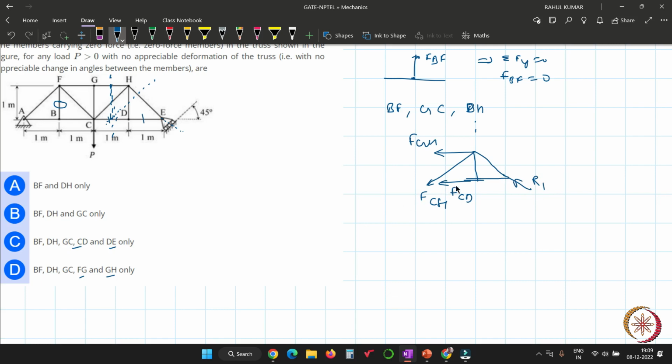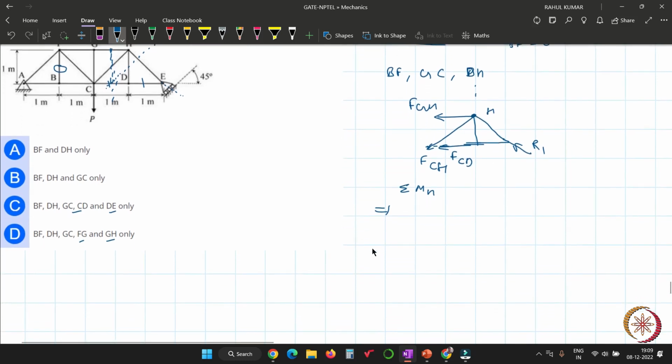Now you have to find the force in the member CD. If you apply the moment about point H, the moment about point H will be what? This force, this force, and this force are already passing through the point H, so the moment contribution by these three forces will be 0.